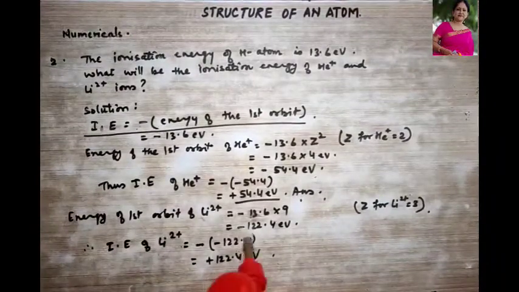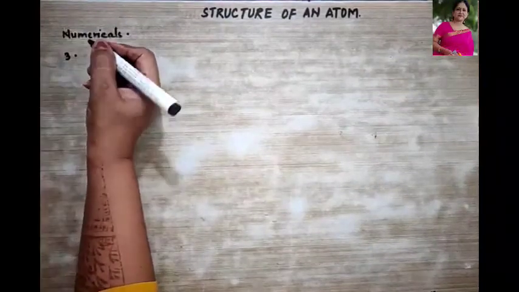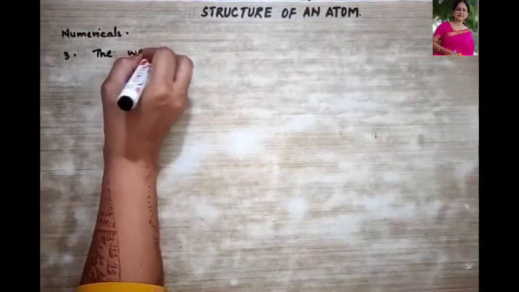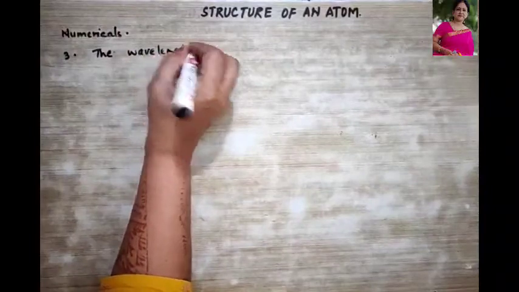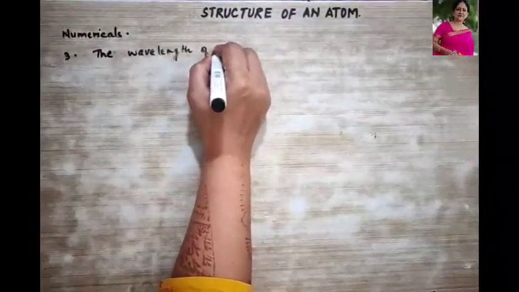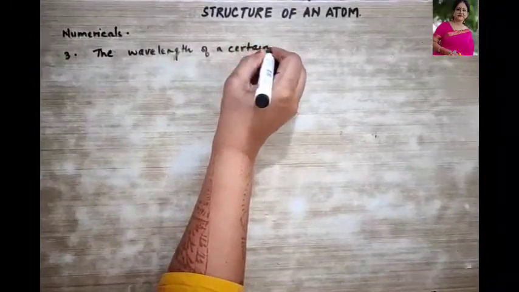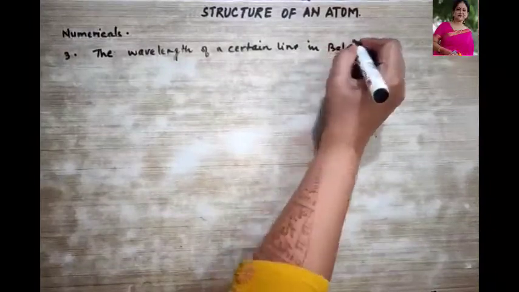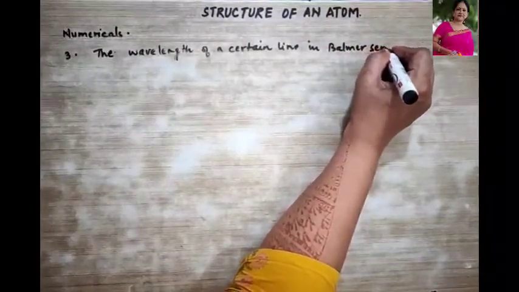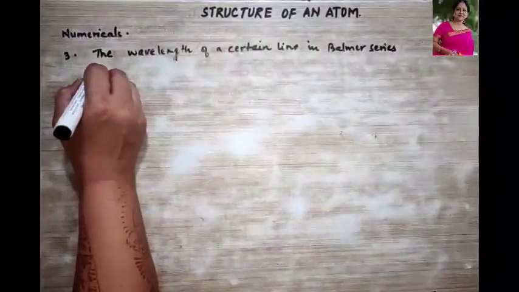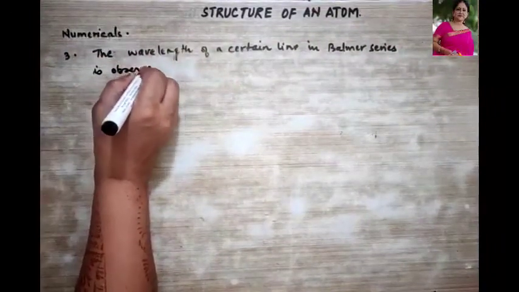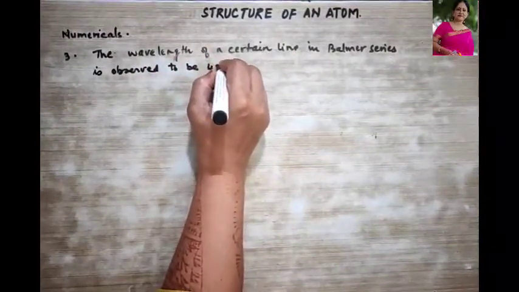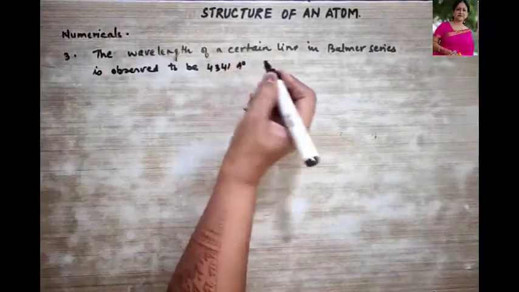Coming to another question. Let's look at the third numerical. The question says, the wavelength of a certain line in Balmer series is observed to be 4341 Angstrom.